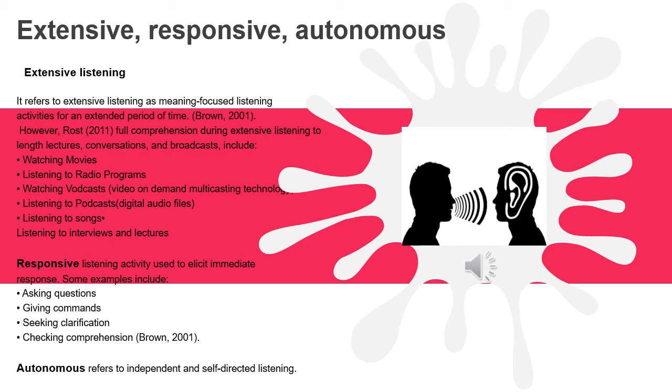Some examples are asking questions, giving comments, seeking clarification, and checking comprehension. For the last part, autonomous listening refers to an independent and self-directed method of listening in which the teacher plays no role, really.